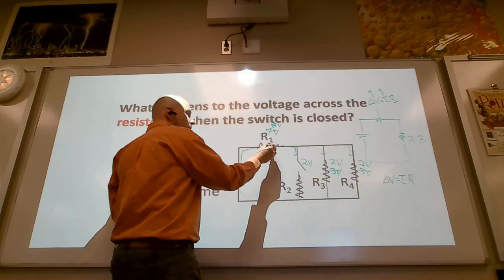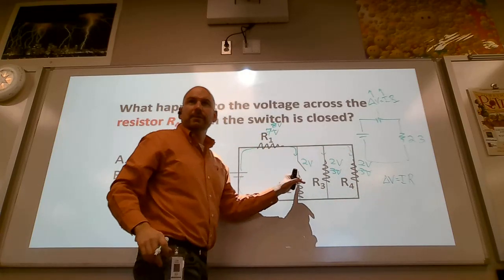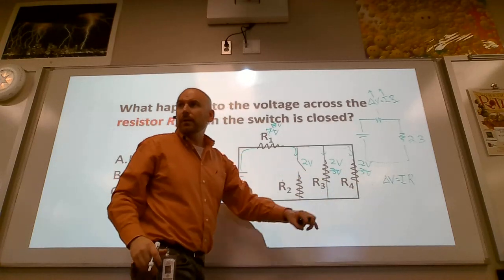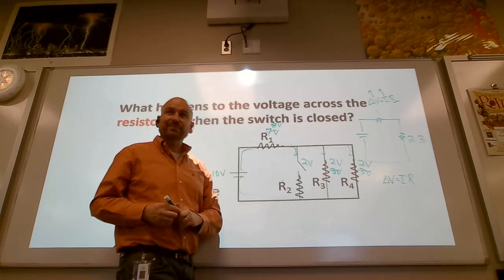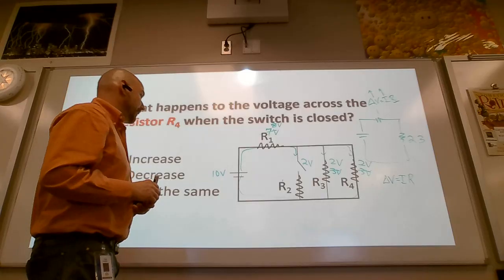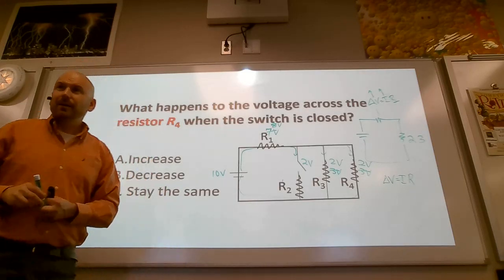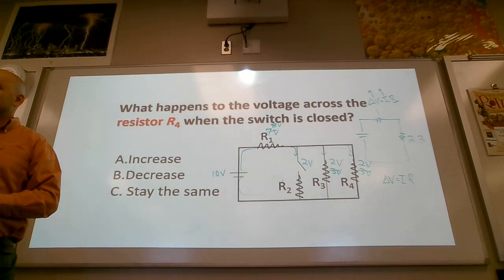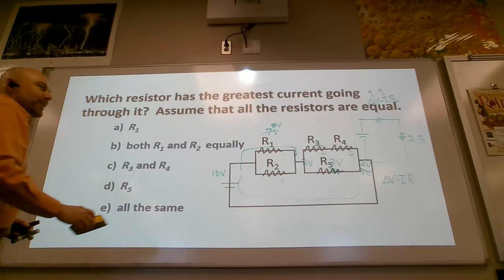The only thing that's effective is the current going through this total as it feeds and supplies current to this guy as well. Does that make sense? Good. Does that make sense why those other people are wrong? Give that one a shot.